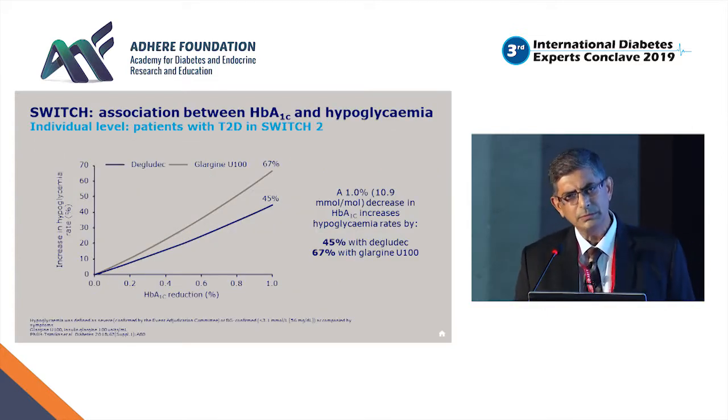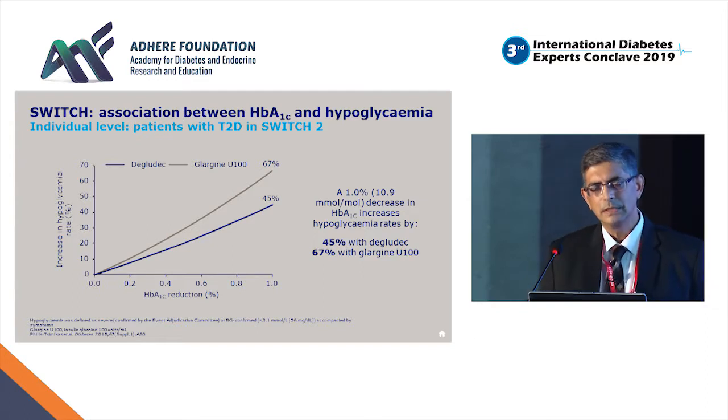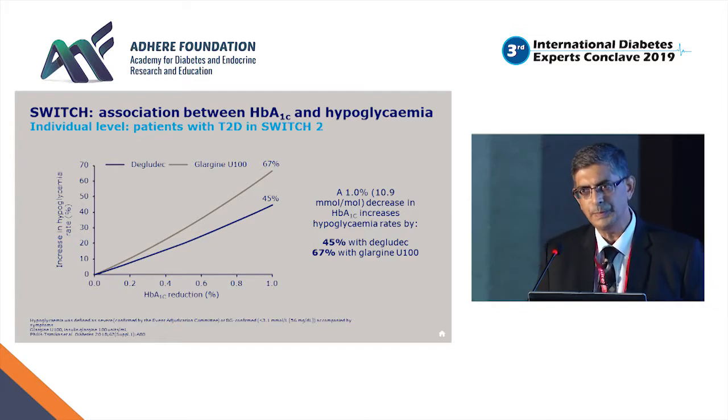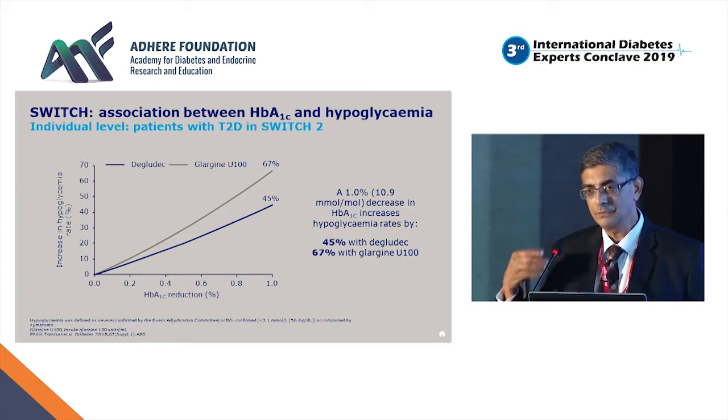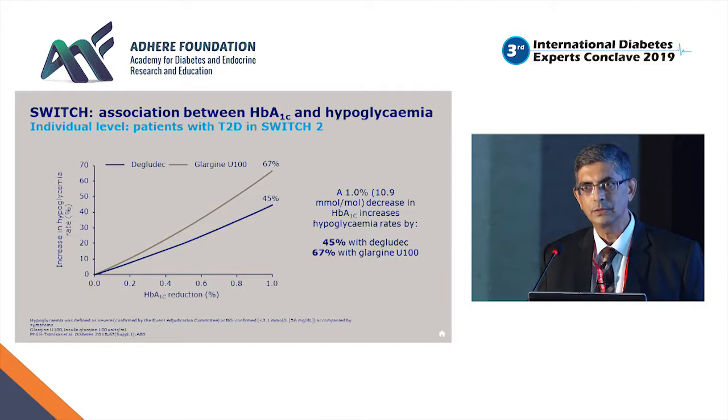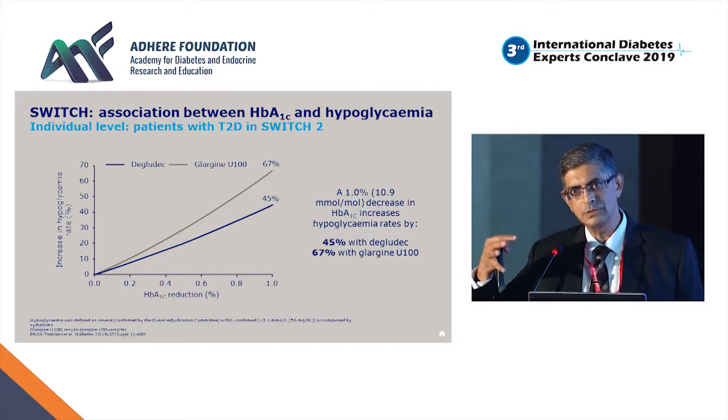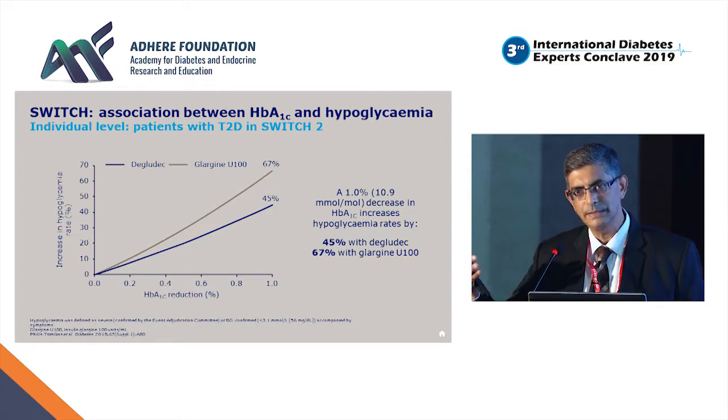Why are we really talking about hypoglycemias? Whenever you have any therapy to control blood glucose, two important concerns that come to mind are hypoglycemia and weight gain. And of course, the A1C drop that we are really looking at. So anything that you're designing for patients, you've got to address these three concerns very importantly.